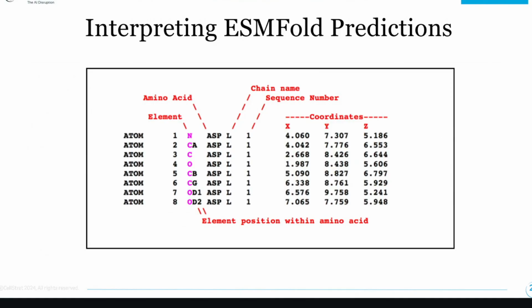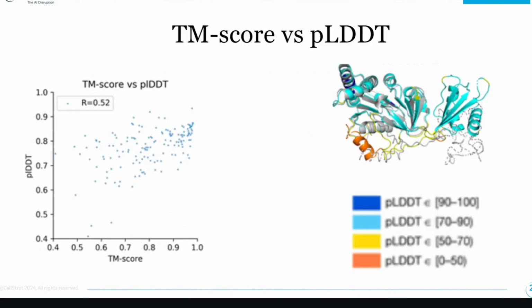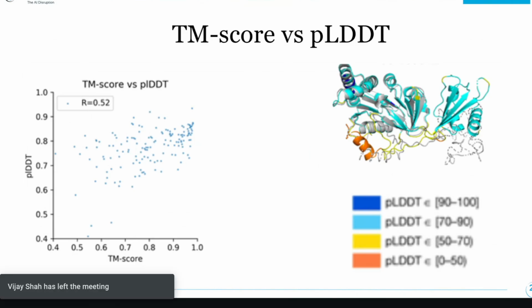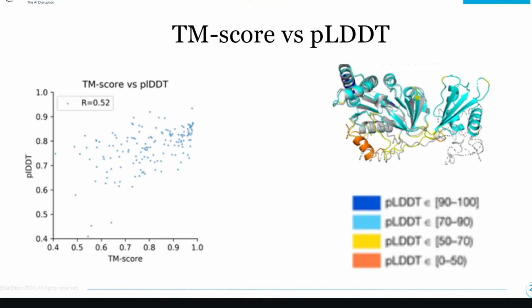And later on, we will dive into TM score versus pLDDT score. In bioinformatics, TM score is nothing but template modeling score. These are two essential metrics that we need to understand as bioinformaticians when it comes to assessing the similarity between two proteins.